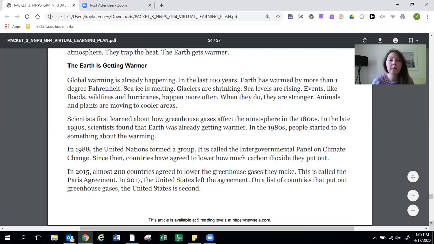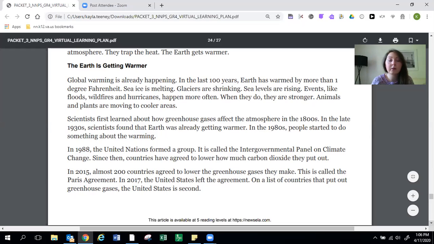Scientists first learned about how greenhouse gases affect the atmosphere in the 1800s. In the late 1930s, scientists found that Earth was already getting warmer. In the 1980s, people started to do something about the warming. In 1988, the United Nations formed a group. It is called the Intergovernmental Panel on Climate Change.